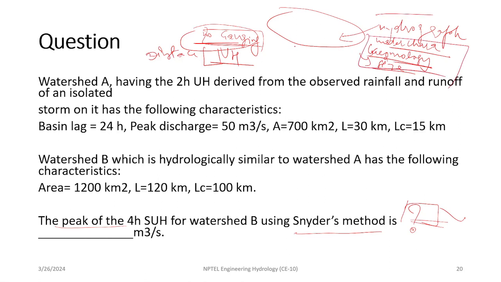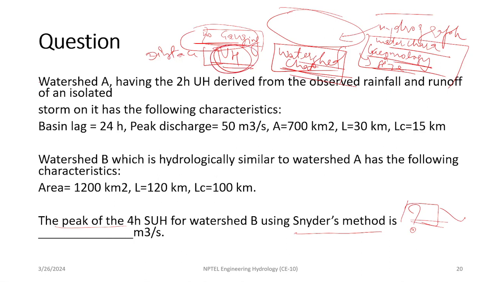There is one condition: to derive a unit hydrograph for an ungauged catchment, we should have a watershed with similar watershed characteristics. If we can find a catchment with the same characteristics, we can easily derive this unit hydrograph.